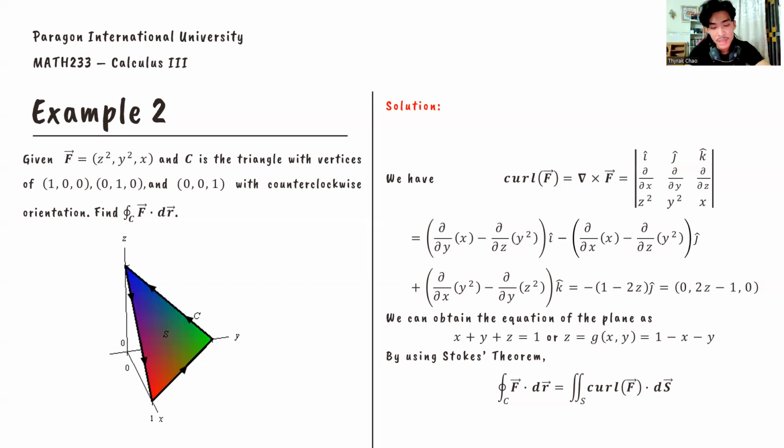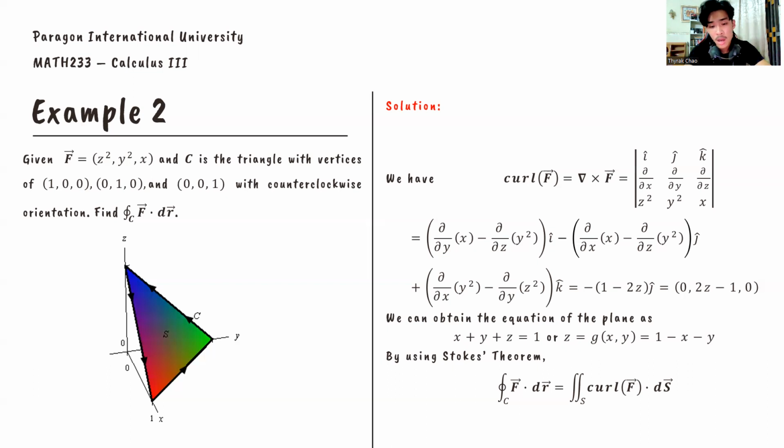It is equal to minus (1 minus 2z) times j hat, which is (0, 2z minus 1, 0).